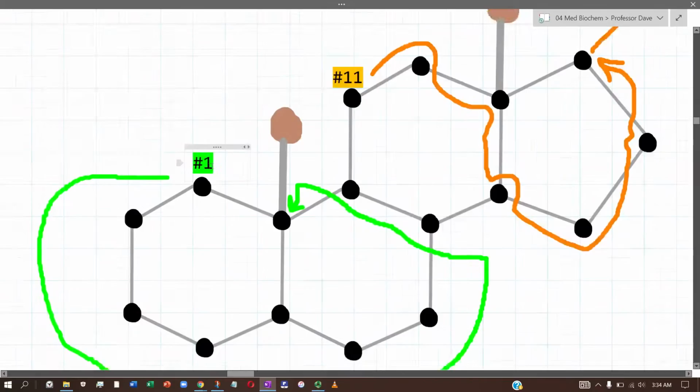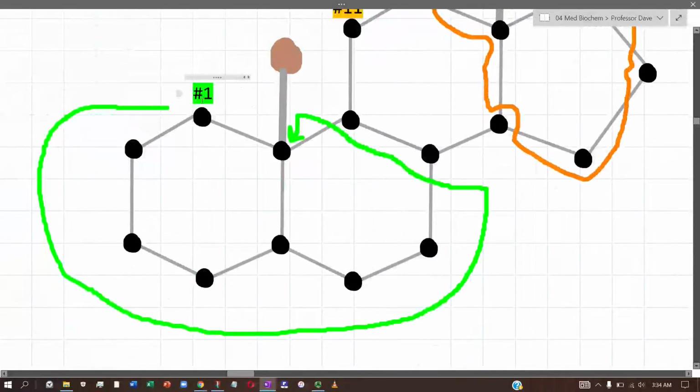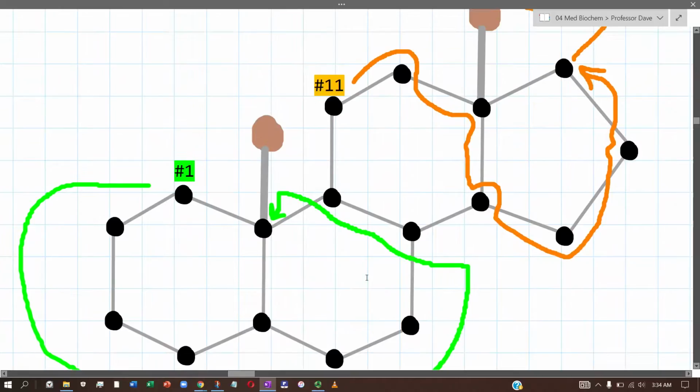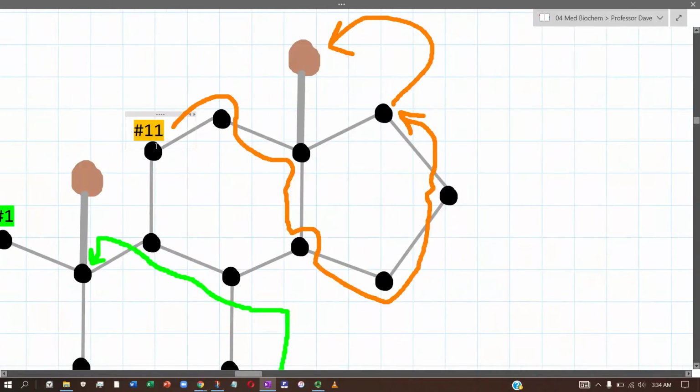When it comes to carbon number 1, you start numbering in this way. You go around in a counterclockwise fashion, so this will be number 2, number 3, number 4, et cetera. I'll illustrate that coming up. When it comes to 11, that one is already numbered, so in this case you follow this route.